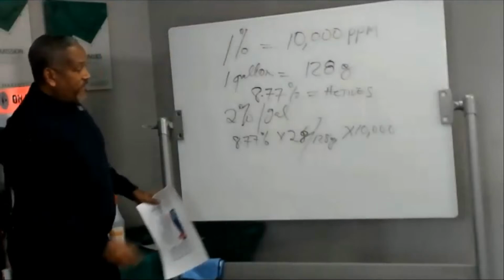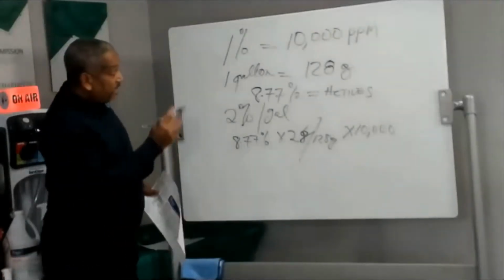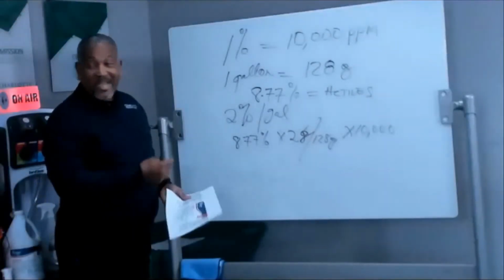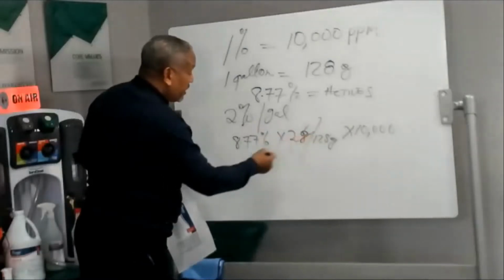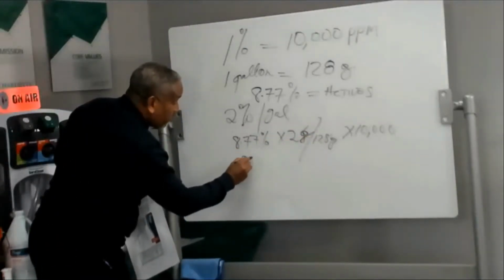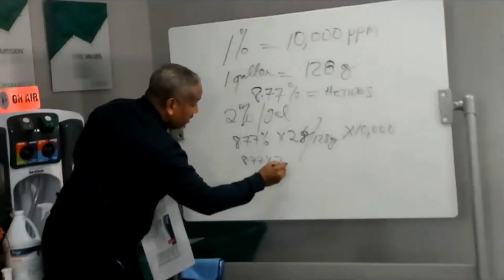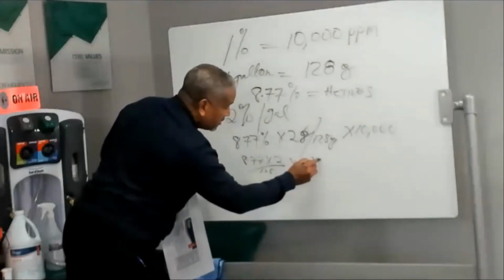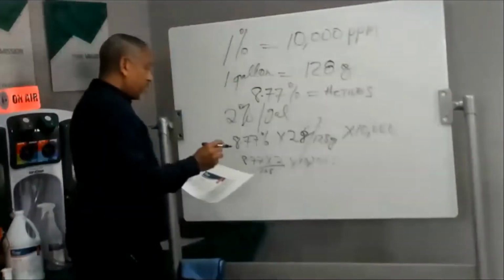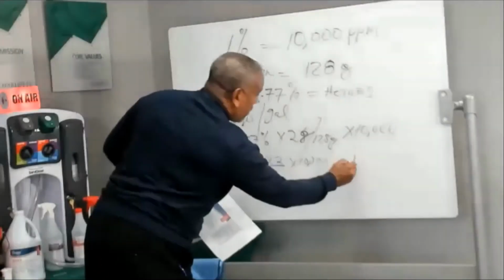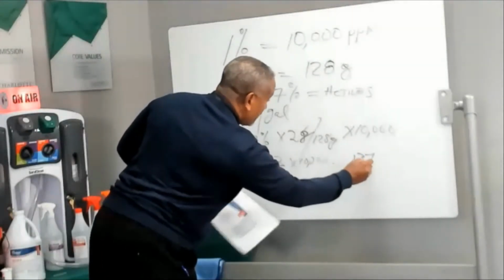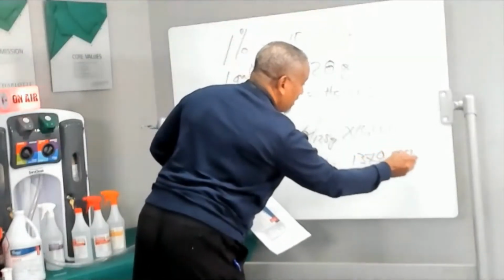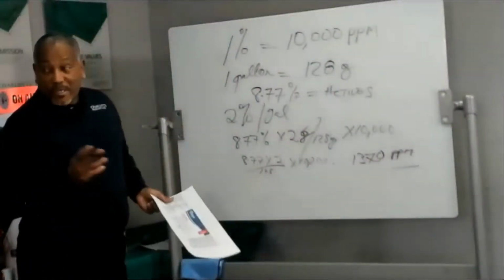In some instances you've got 8 ounces per gallon, if you're doing something to do with athlete's foot, so you'll change that as well. So just to do the quick math, 8.77 times 2 over 128 times 10,000 is equal to somewhere in the neighborhood of 1,370 ppm. So that's what I'm looking for when I do my dilution.